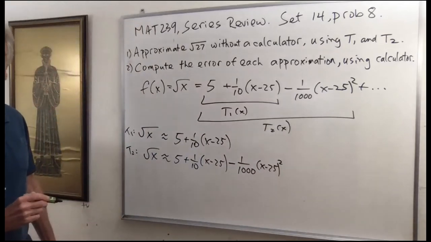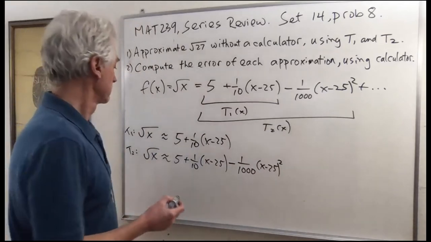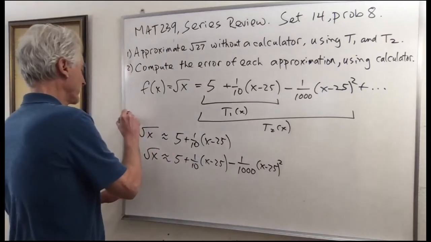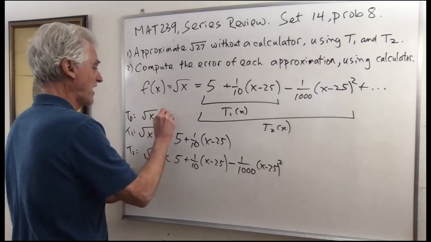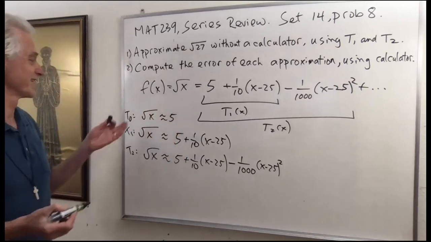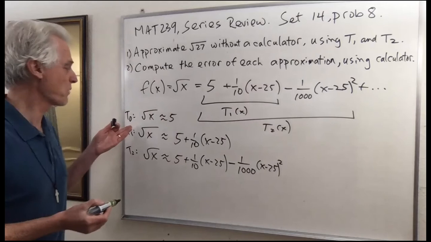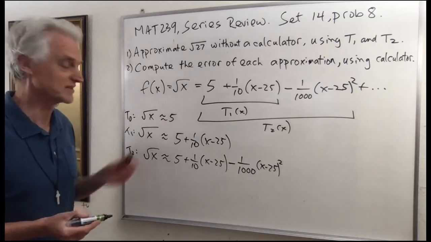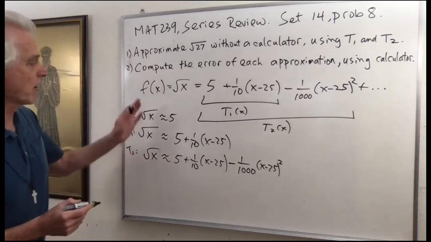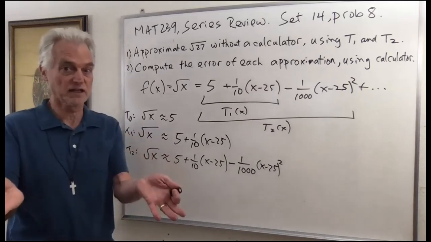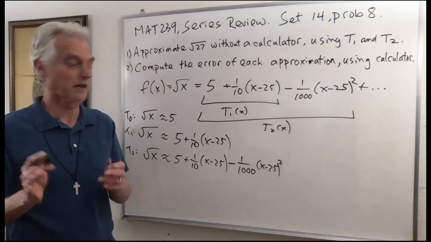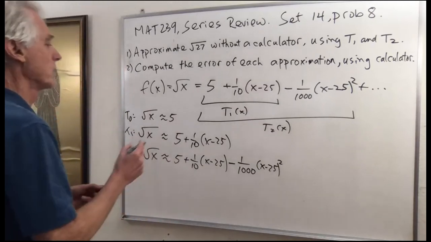And in fact, you can call it the T0 approximation that square root of x is about 5. Taylor polynomial of degree 0 is just the constant. So these are all good near x equals 25. And the closer you get to x equals 25, the better, right?